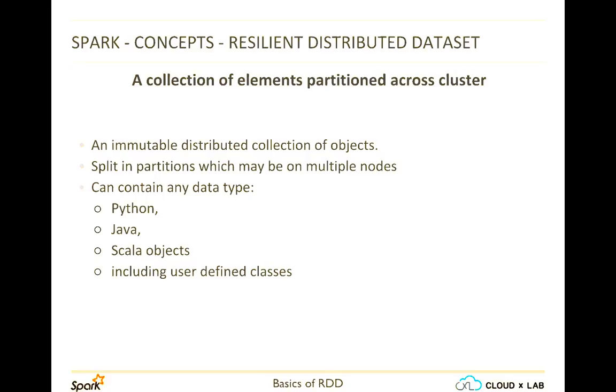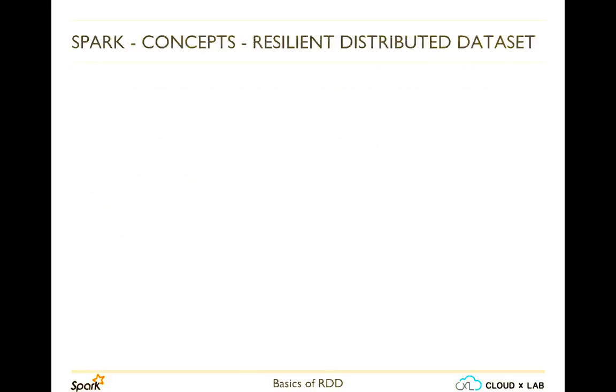So an RDD is a huge array of objects which can be distributed by way of partitions, and each of these objects could be of any of these kinds.